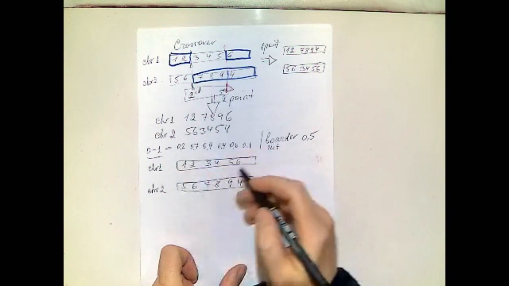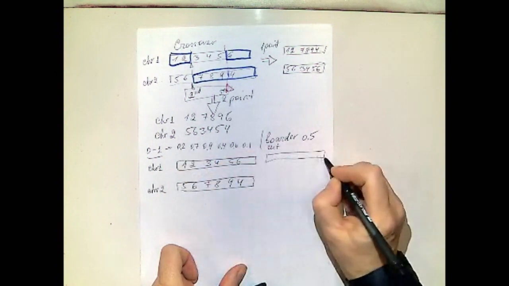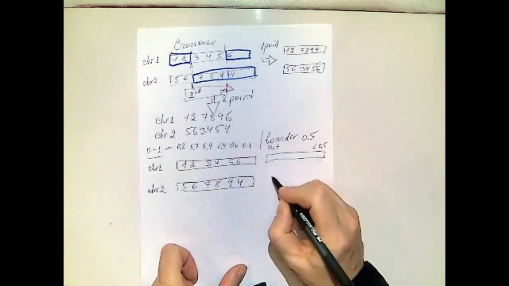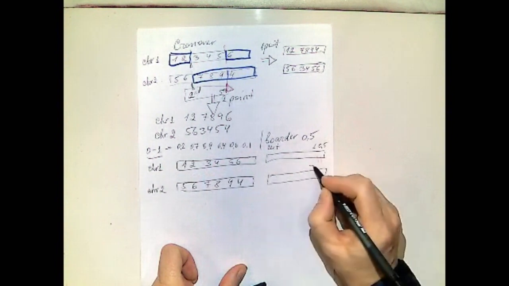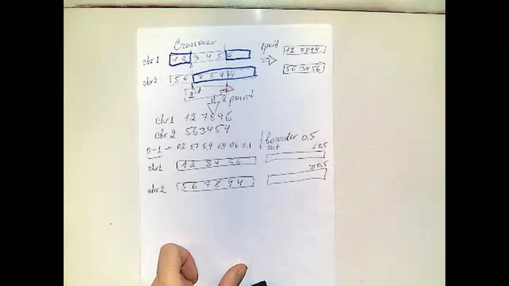Everything less than 0.5 goes in the first chromosome. Everything greater than or equal to 0.5 goes in the other chromosome.